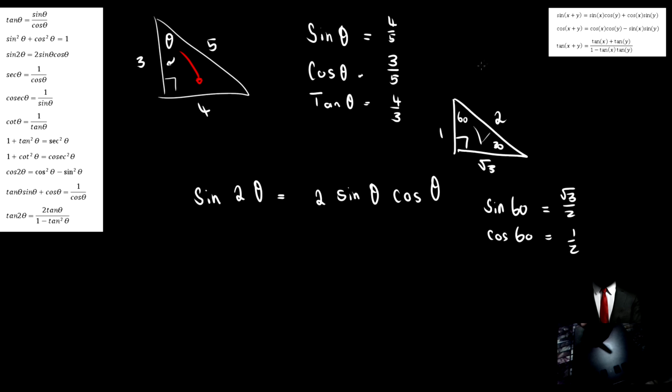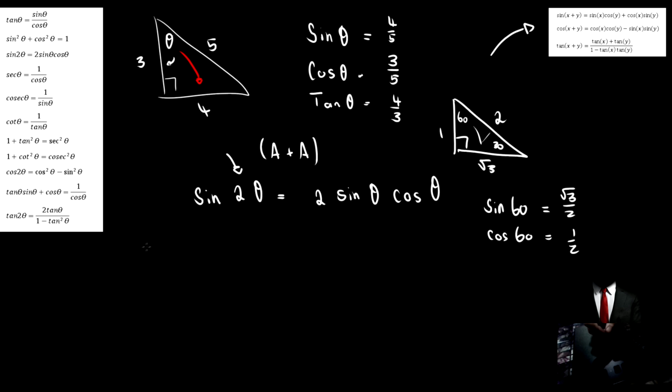So this is why I added these rules at the top here. So we can rewrite for 2 theta. This just means that two angles, we're working with the same angle. So in this case, it's going to be A plus A, which gives me 2A. But instead of using A, we're just using theta now. Okay? So let's rewrite.